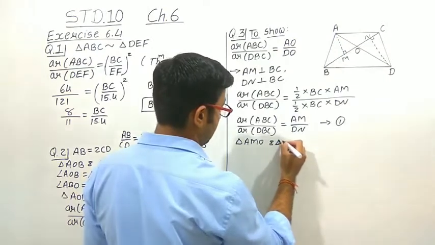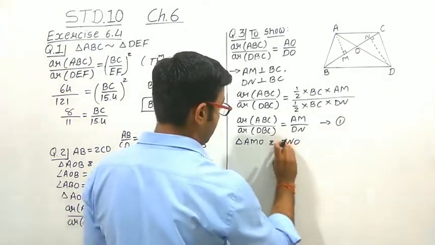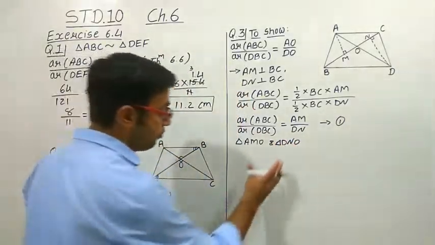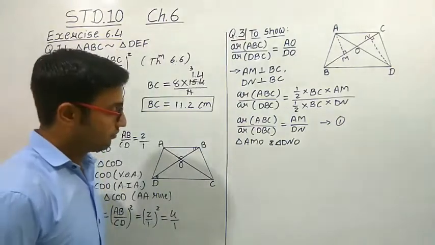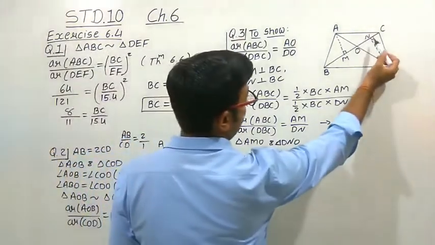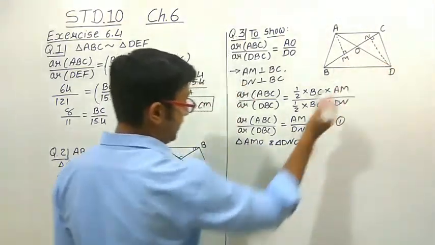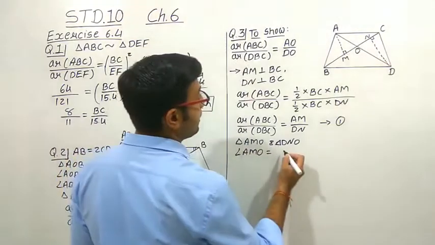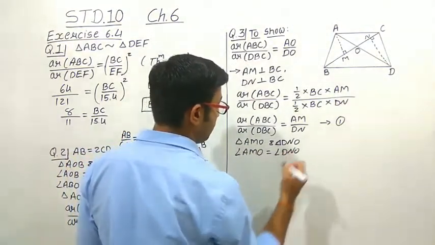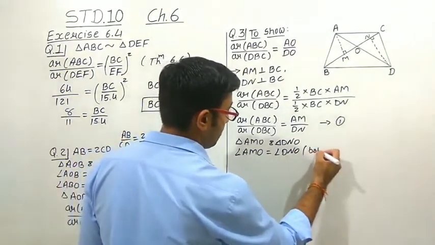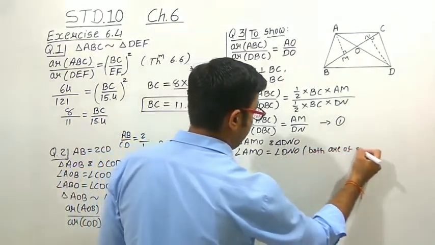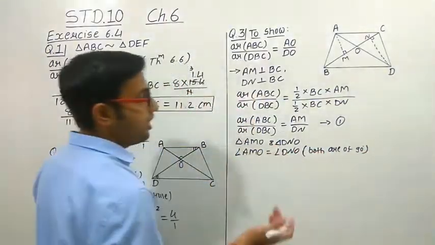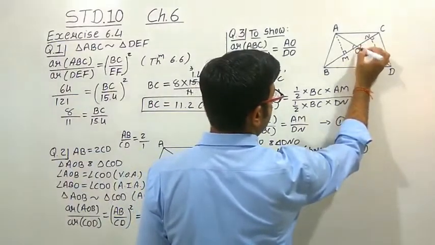Triangle DNO. Right? Now what we have to do, you know very well, is prove that the two triangles are similar. So see, as we have drawn the perpendiculars, angle AMO and angle DNO will both be equal because both are 90 degrees. Can you think about the second condition? Yes, obviously. See, these are vertically opposite angles.